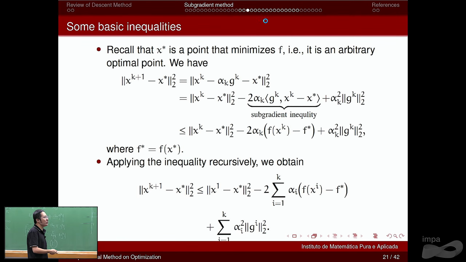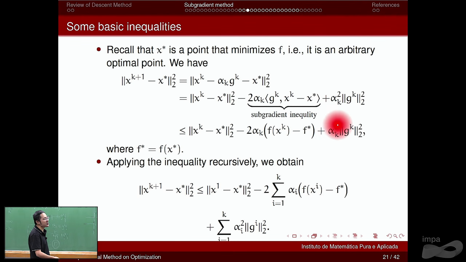Okay, and then we apply this inequality recursively, and then we can get these summations here. We can get two summations. The first summation is about this term, f of xi minus f star, with a summation.